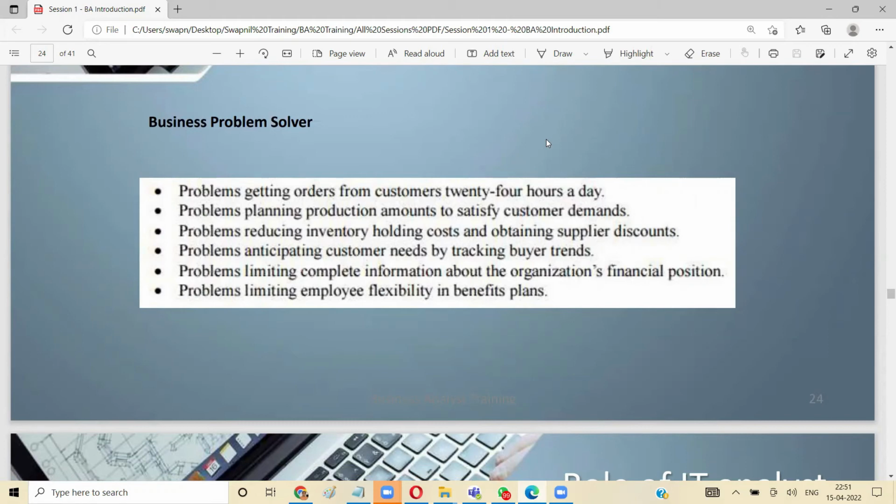So let's say a simple one, like the pen. As a business, as a manufacturer, you are manufacturing pens, and there has to be demand from customers, isn't it? If there is no demand from customers, whatever you manufacture, you will not be able to sell.